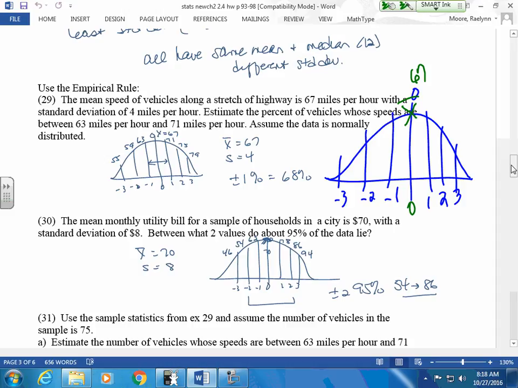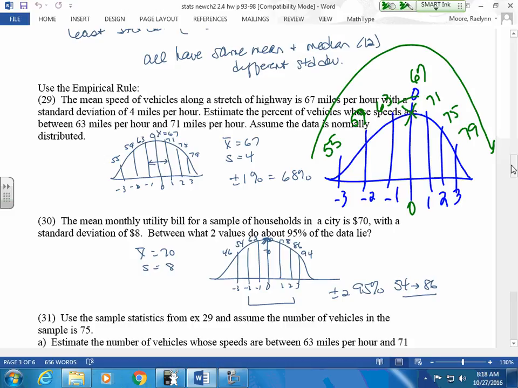This is your mean. Sarah, you got this? You have a standard deviation of 4. That means every standard deviation you move away from the mean is 4 away from it. So this is going up, because these go in order, from lowest to highest. So add 4, add 4, add 4. The opposite way, just subtract 4.